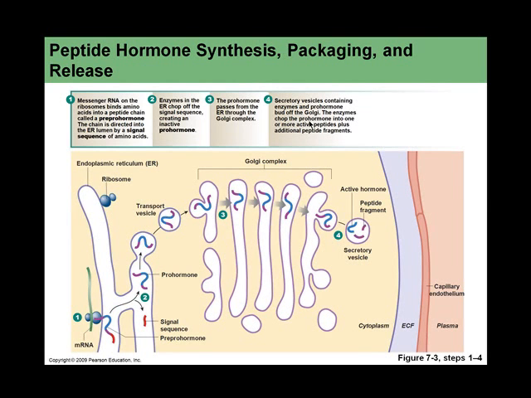The enzymes are going to be the ones that will further process or cleave or chop the prohormone into one or more active peptides plus the additional peptide fragments. So that if you can harvest these vesicles, these later, more mature secretory vesicles, you would find the peptide fragments in there as well.